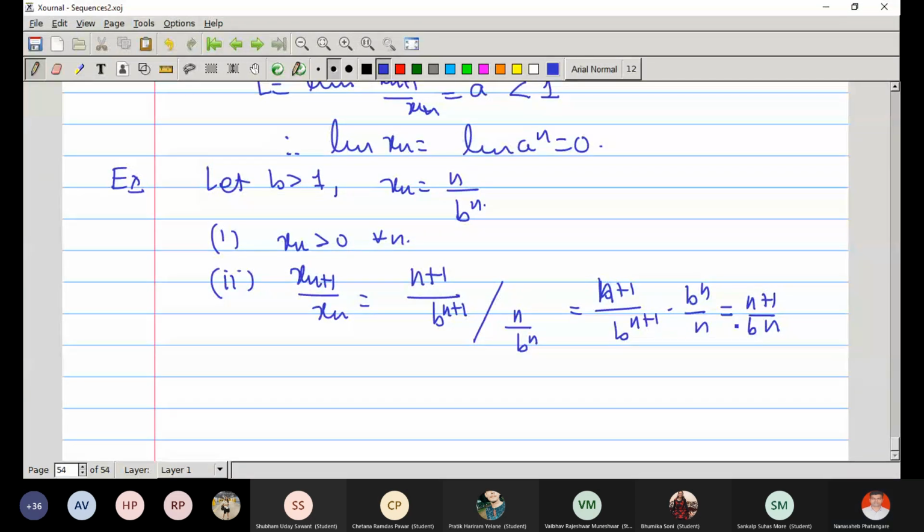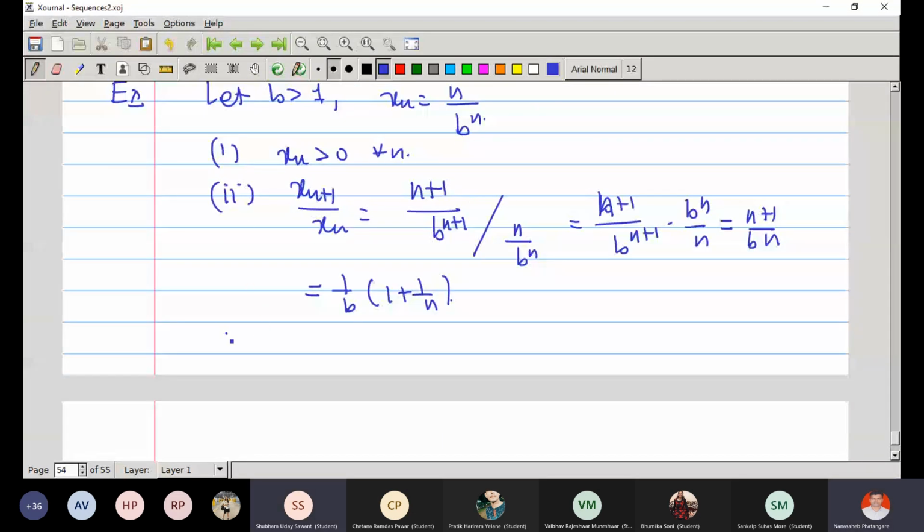Is it correct? You check the calculations. So it is 1 by b into 1 plus 1 by n. Now you tell me what is the limit of xn plus 1 upon xn. It is 1 upon b.